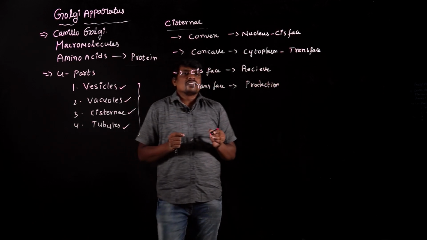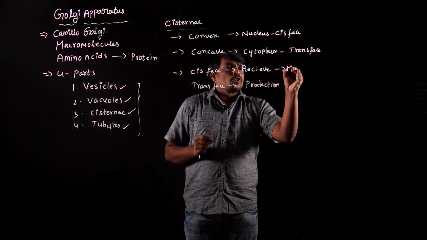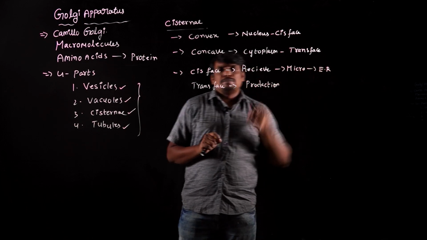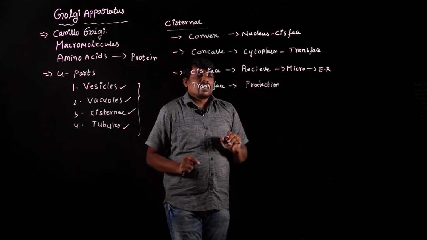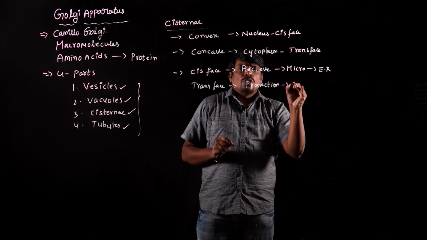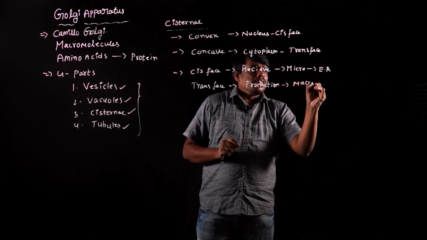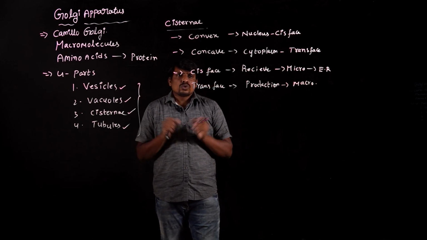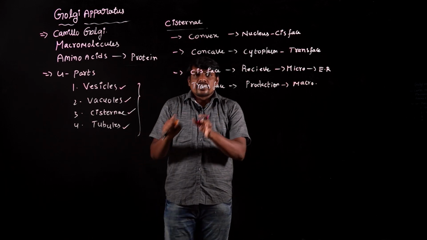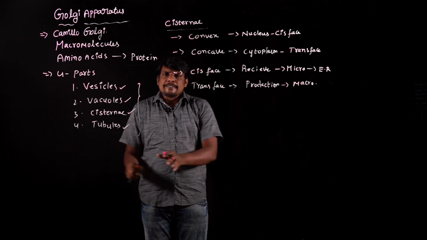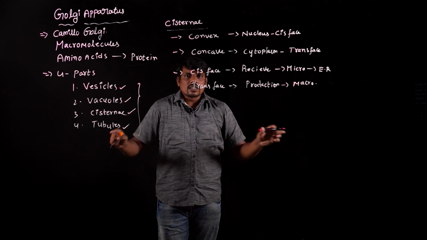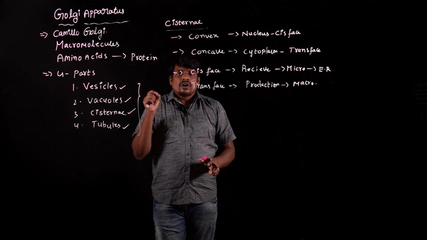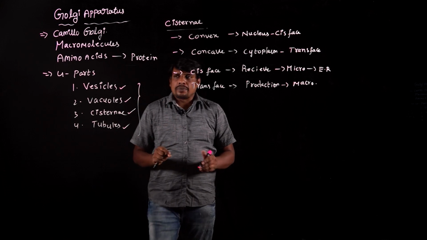So the cis phase generally receives important micronutrients or micromolecules from the endoplasmic reticulum, whereas the trans phase converts these micromolecules into macromolecules or complex structures. So in this way, the cis phase and trans phase of the Golgi operators are different. So let us see one more interesting point, the remaining parts of Golgi operators.